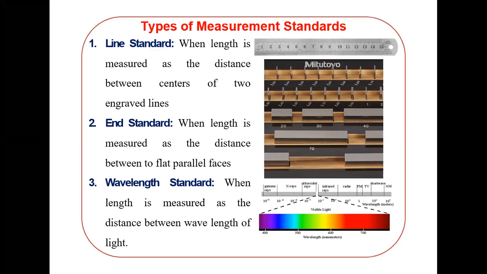And the third one is the wavelength standard. When the length is measured in terms of the wavelength of light, it can be taken as the wavelength standard. So these are the three different types of standard units in the measurement standard system.